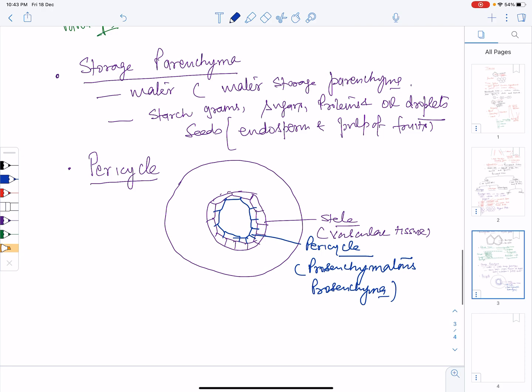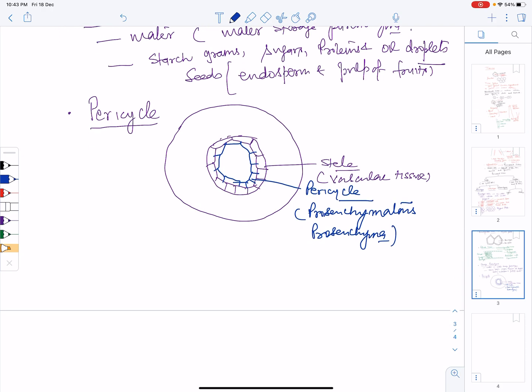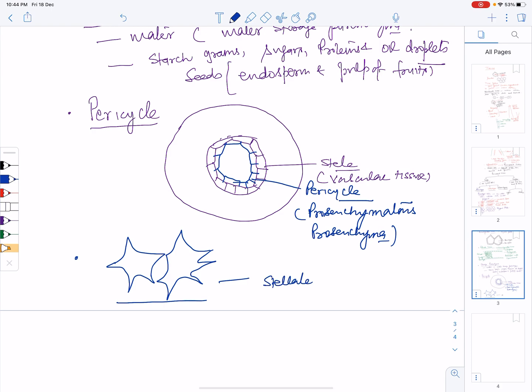Sometimes parenchyma cells may attain shapes like stars like this. So when they attain the shape of stars, this is called stellate parenchyma. Now parenchyma will be having radiating arms like in Nelumbo water lily, stellate parenchyma is there.